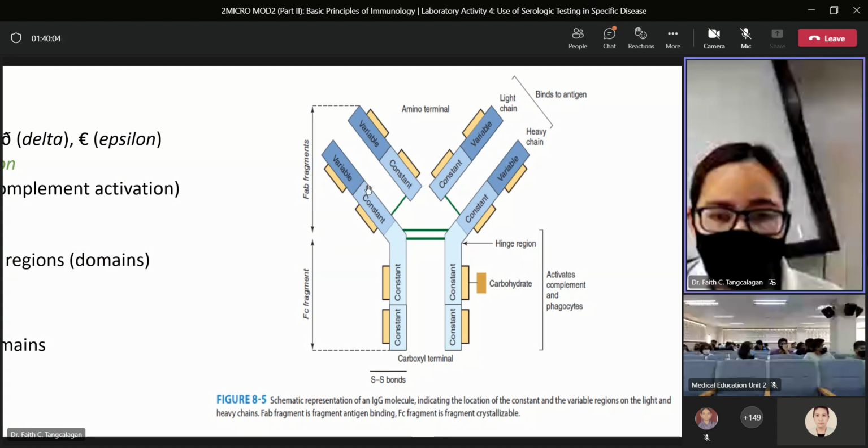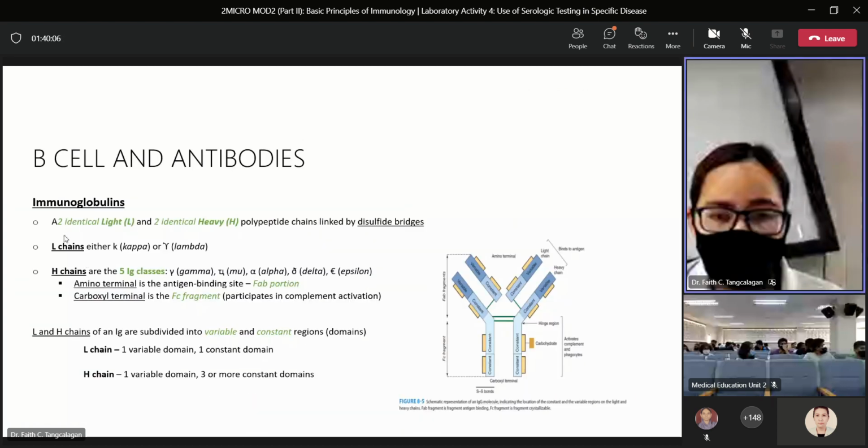The light chains have two subtypes, but only one can be present in a given immunoglobulin. It's either kappa or lambda, it could not be both.